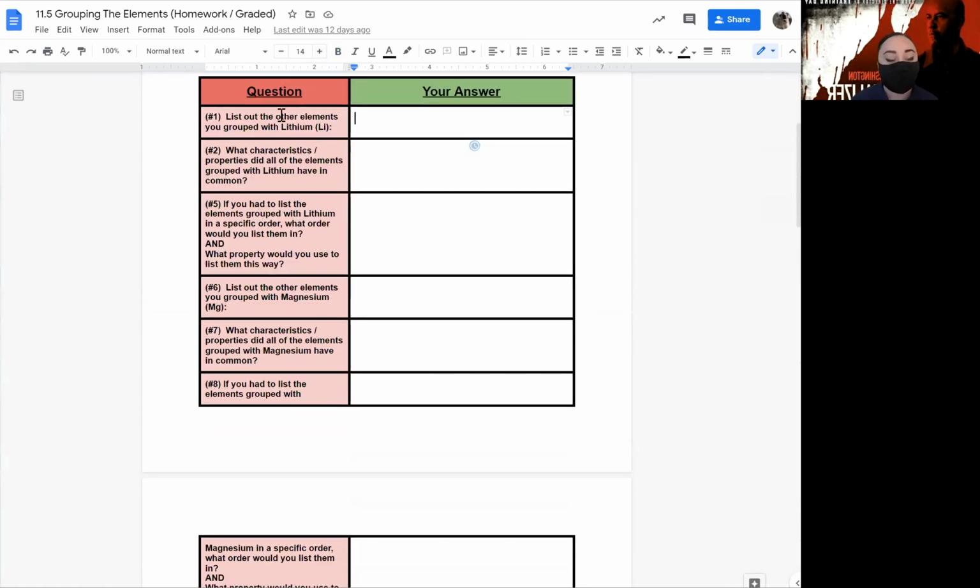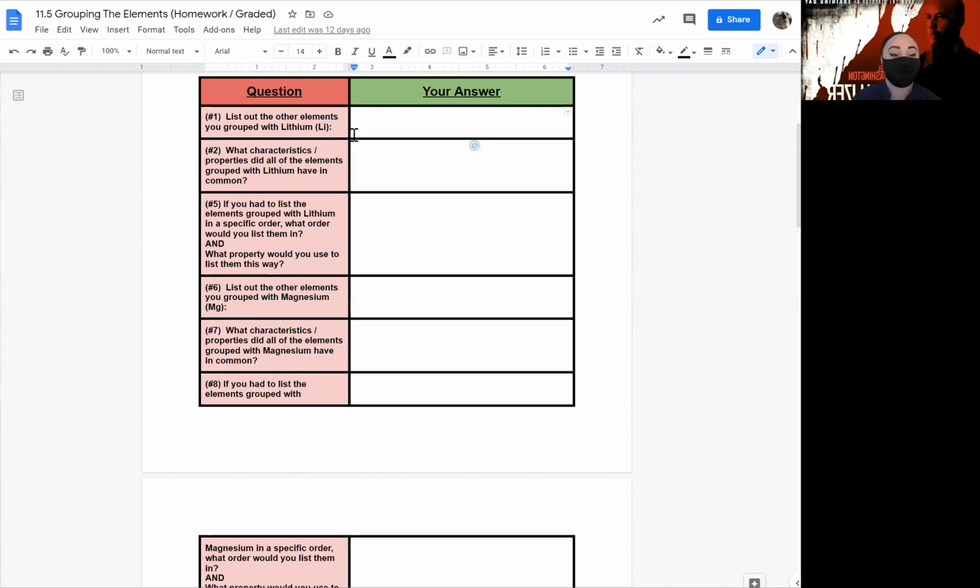It says, list out the other elements you grouped with lithium. What characteristics or properties did all of the elements grouped with lithium have in common? If you had to list the elements grouped with lithium in a specific order, what order would you list them in? And what property or piece of information on the card would you use to list them this way?